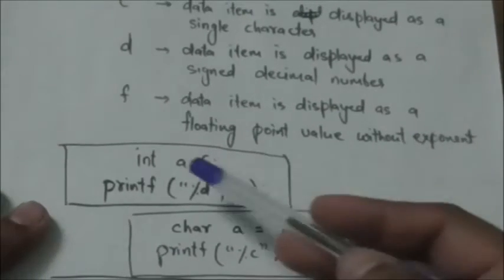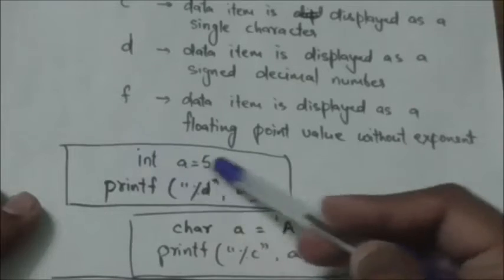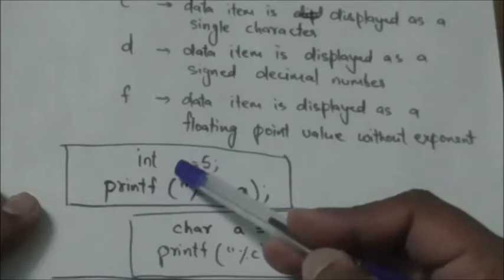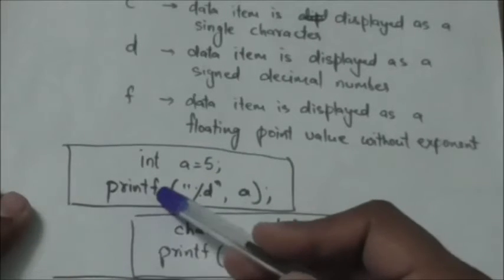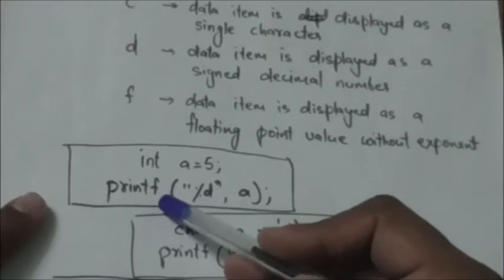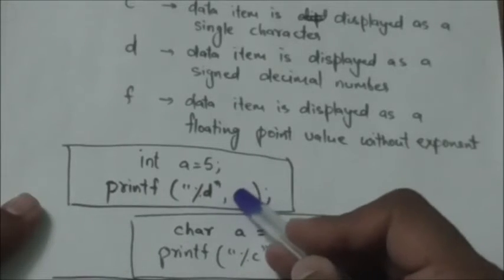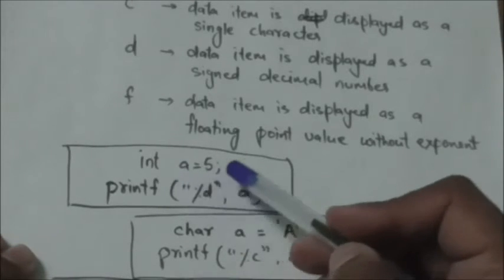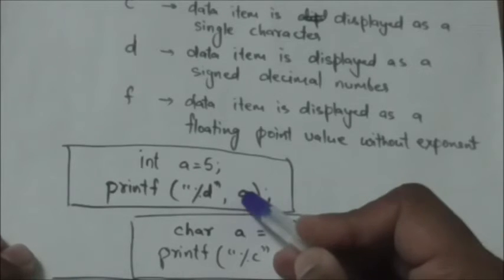Now see this example. Suppose there is an integer variable a and its value is 5. Now I want to print the value of this variable a on the output screen. For that purpose I will use the printf function. Here you can see that the argument is variable a. In the control string there must be a character group corresponding to this variable a.